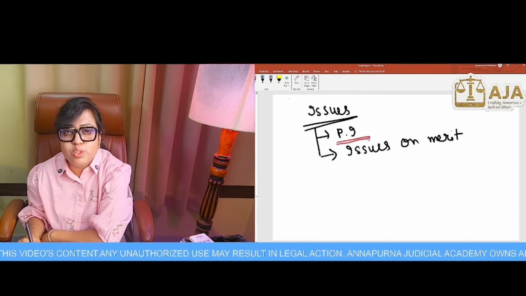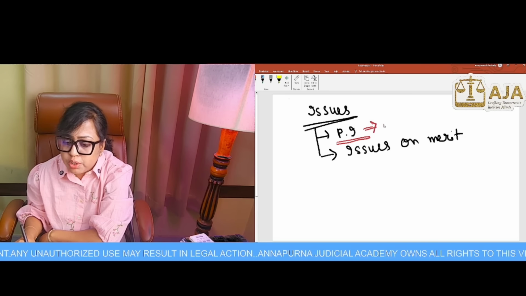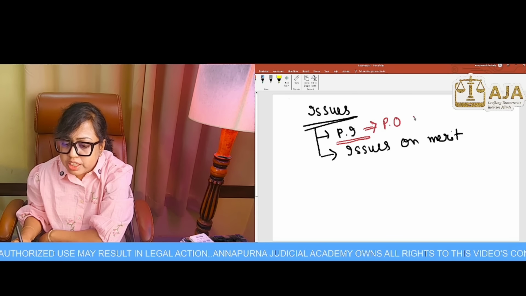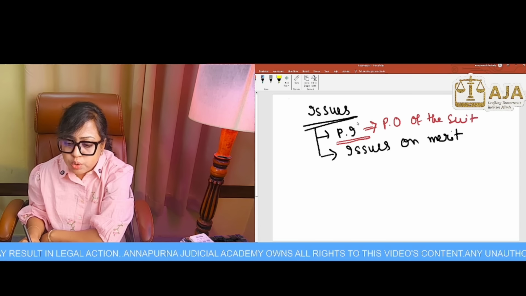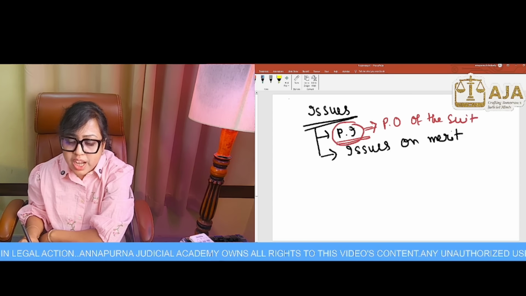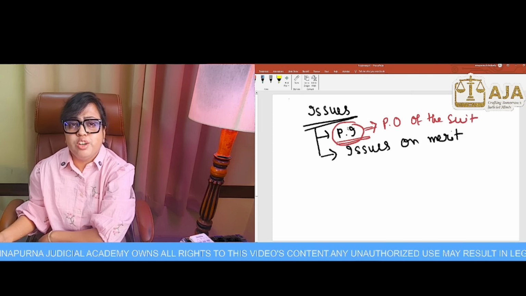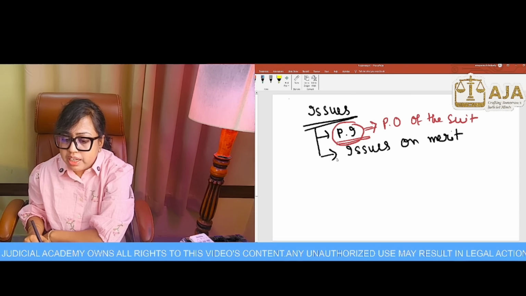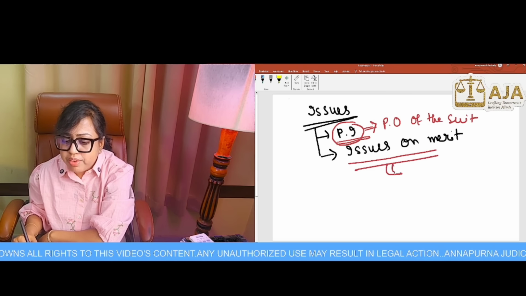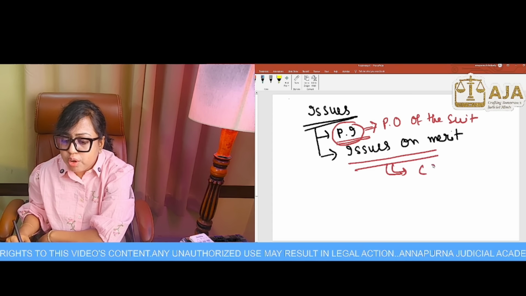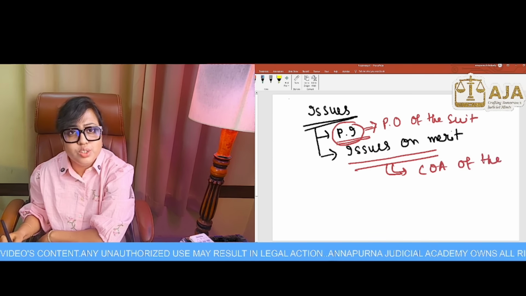Preliminary issues are framed on the basis of the preliminary objection of the suit, and issues on merit are framed on the basis of the cause of action of the suit.